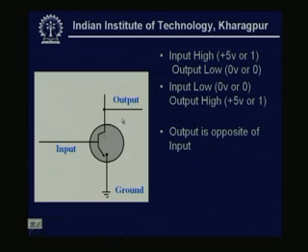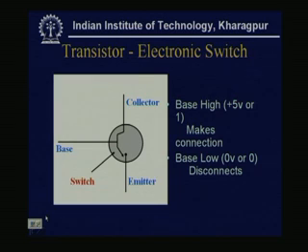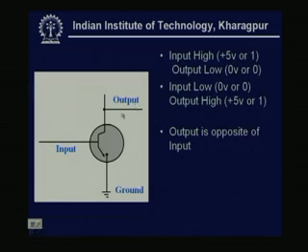So, input and output. See, now the base is replaced by input, the collector is replaced by the output, and the emitter is ground.